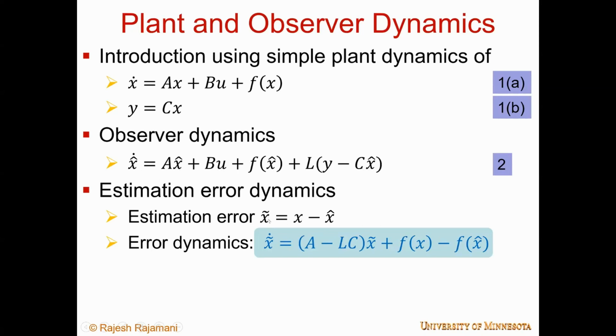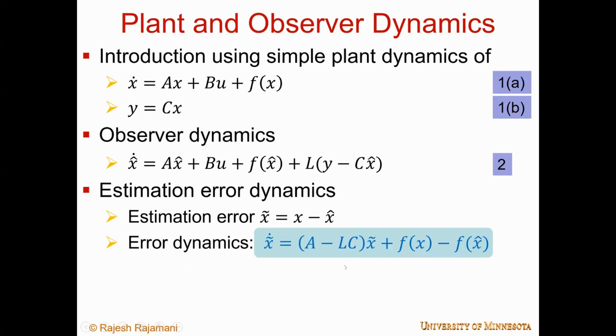So x tilde is x minus x hat. So if you take the difference between equation 2 and equation 1, 1 minus 2 basically, then you get x tilde dot is a minus LC times x tilde plus f of x minus f of x hat.